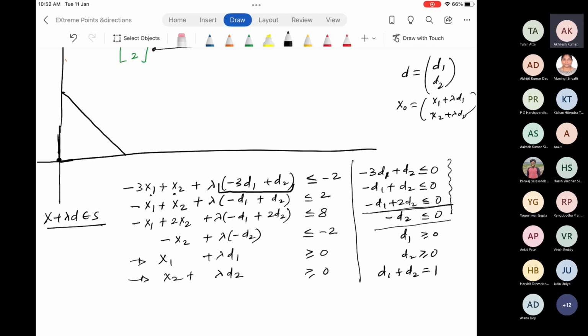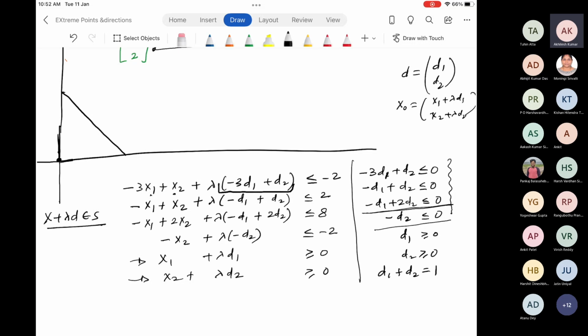Sir, then why in the second equation is minus d1 plus d2 always less than or equal to 0? Because it can be like minus x1 and x2 can be 1, and plus lambda into some greater thing can also be less than or equal to 2, no, sir? For example, x1. Tell me, I'm all ears.